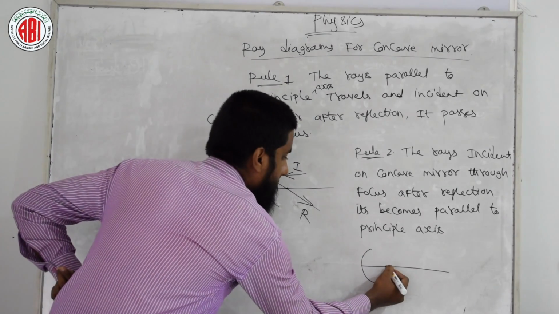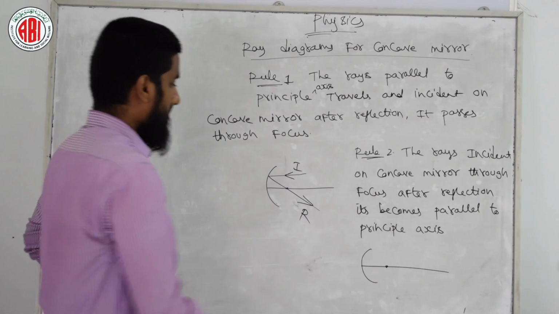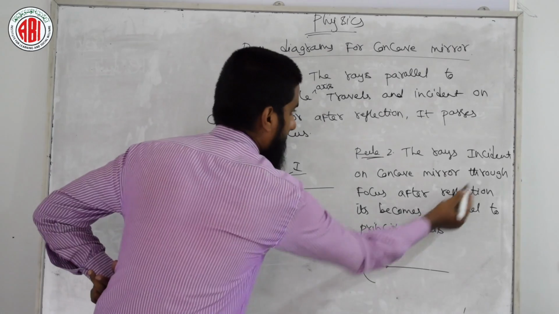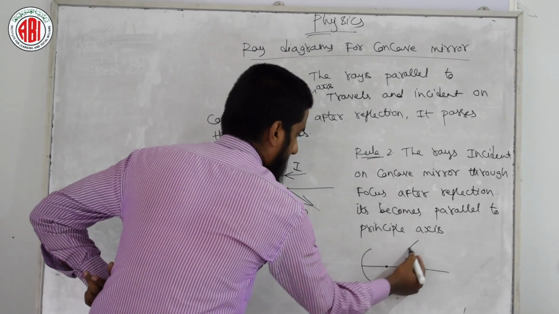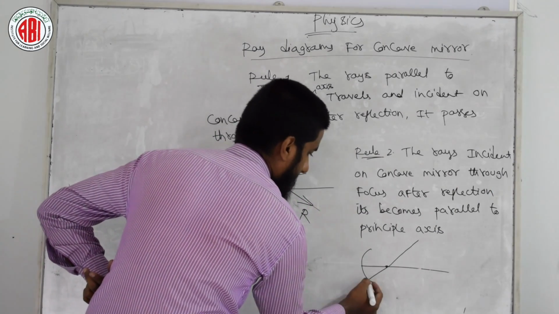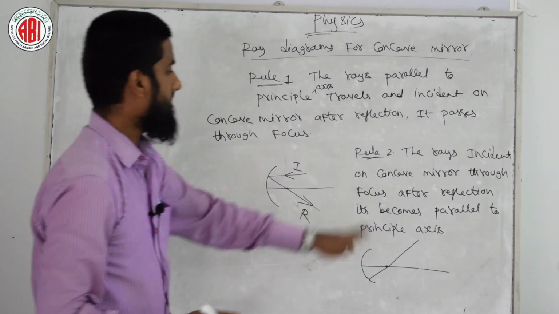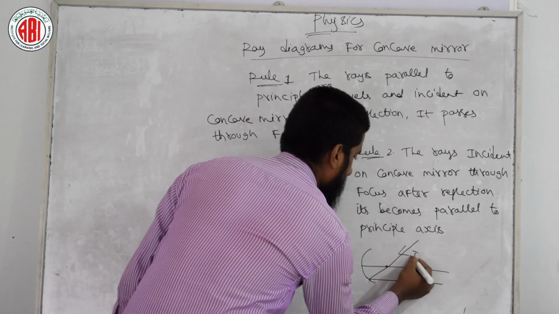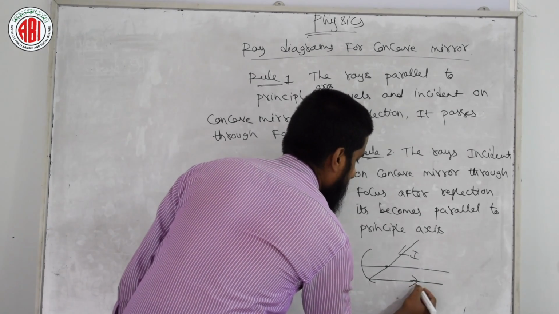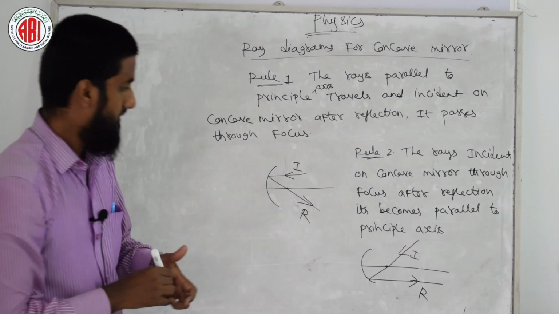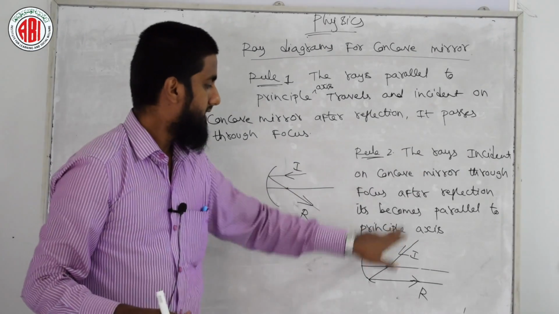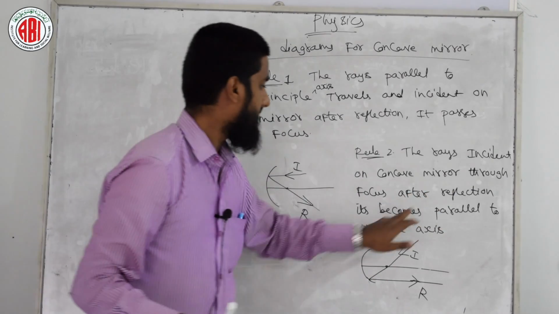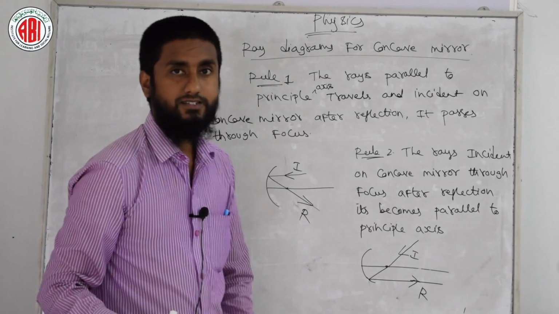Let this be the focus. The light is incident on the concave mirror through the focus. After reflection it becomes parallel. This is the incident light and this is the reflected light. This is rule 2.